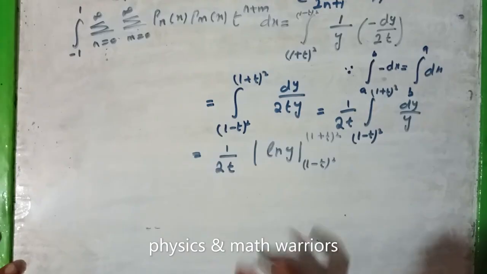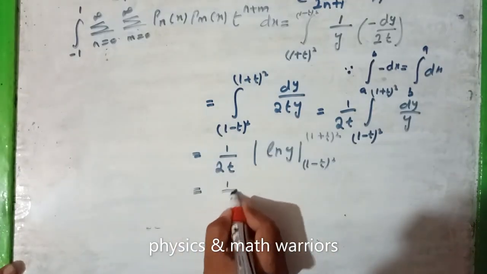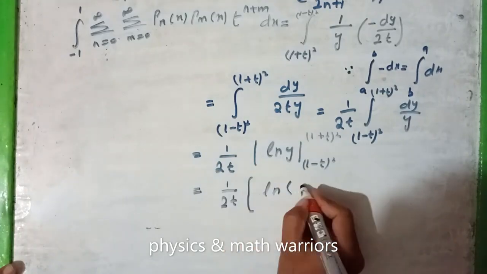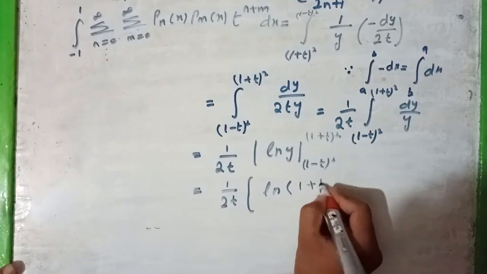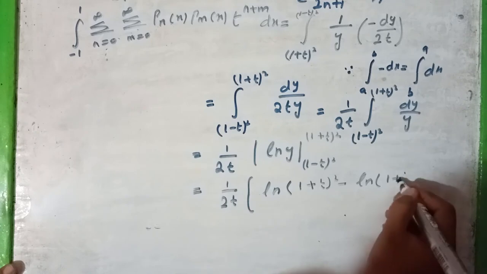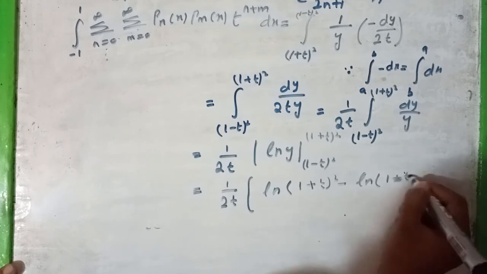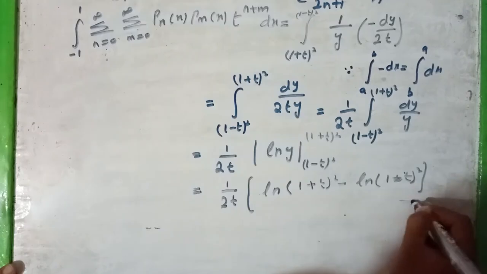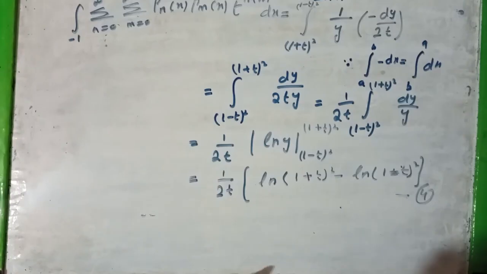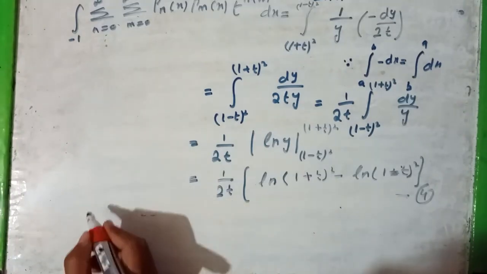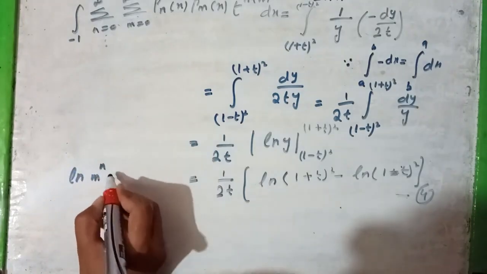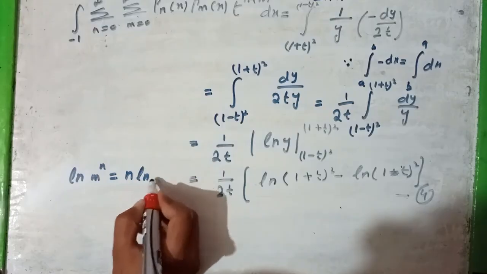Now we put the values. So this becomes 1 over 2t [ln (1 plus t) whole square minus ln (1 minus t) whole square]. This is equation number 4. Again we will use the property of logarithm, which is ln m raised to power n is equal to n ln m.